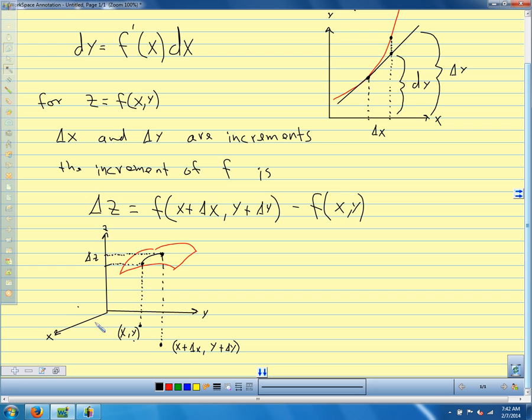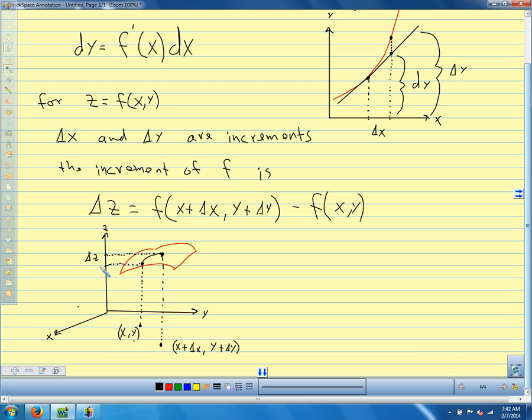And delta x and delta y are the change in the x value and the change in the y value from one point to the other. So this is the increment we're talking about. So delta z tells us how much the function changes as we move from the one point to the other.